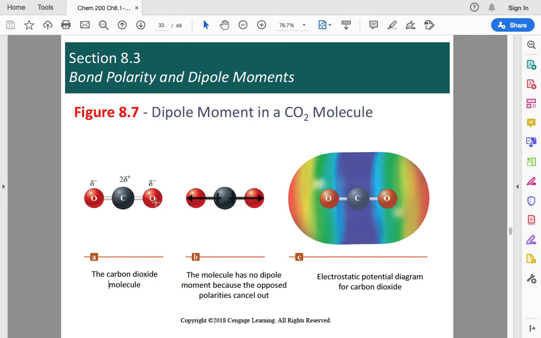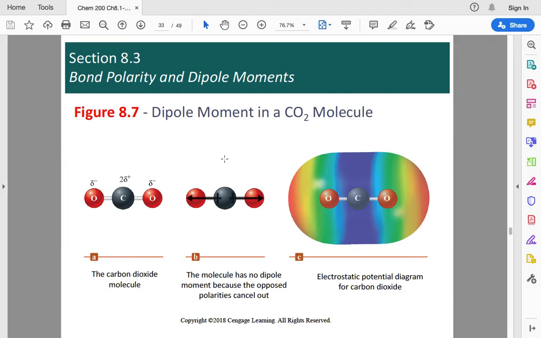The same thing is happening on this side of the bond. So if we were to draw out our polarity arrows, they would look something like this, right? Where the slightly positive tails are both on the carbon, and each of the heads of the arrows are pointing towards the oxygens.